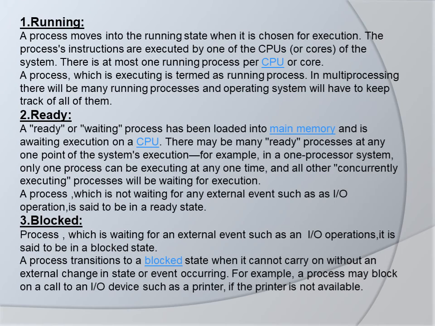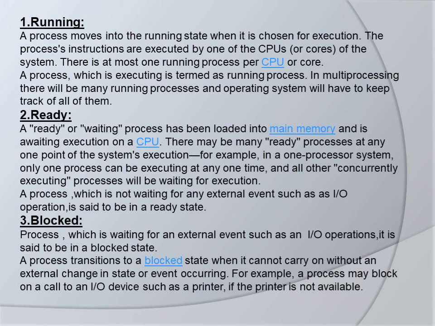There may be many ready processes at any one point of the system's execution. For example, in a one-processor system, only one process can be executing at any one time, and all other concurrently executing processes will be waiting for execution.